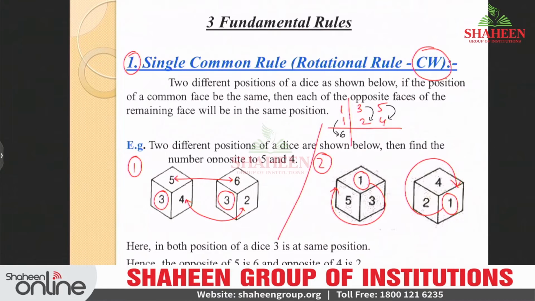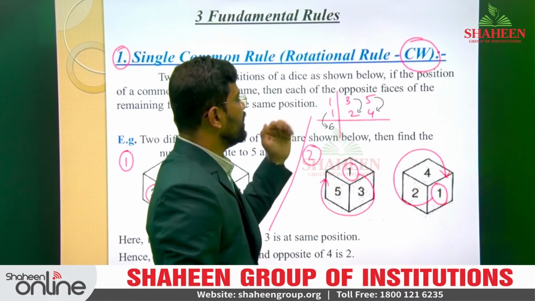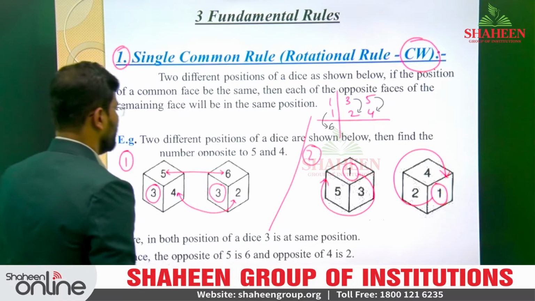Friends, this is a simple trick which saves a lot of time. And if the element which is the same on two different dice is in a different position, then we should use the rotational rule.